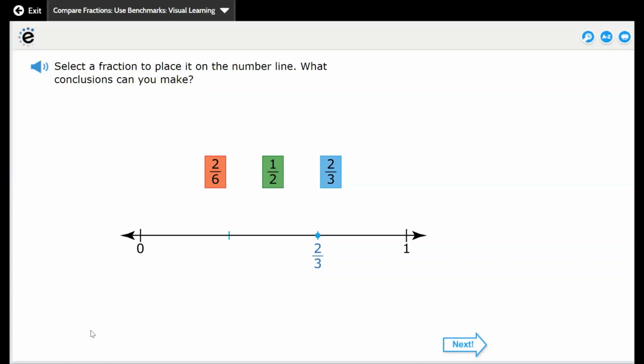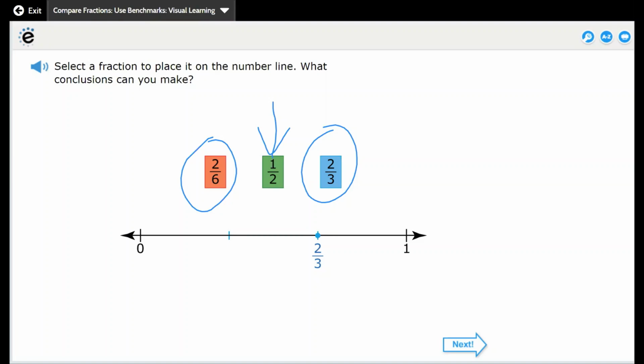So here we are comparing these two fractions, 2/6 and 2/3. We will use the benchmark half, so we will compare both fractions to the half, to see which one is less than half and which one is more than half.